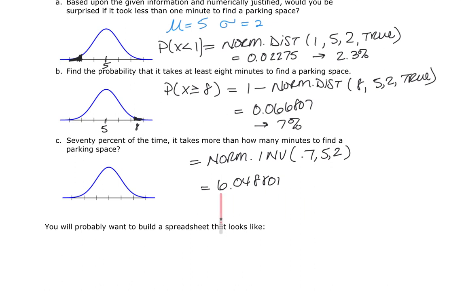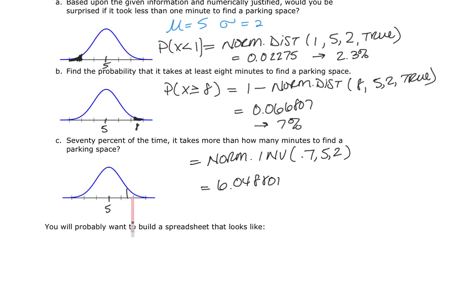When I'm doing the norm.inv, it's just going to tell me where this lies. My percent that I put in was 70%, which is, if this is 50%, where my mean is, my 70% is here. And that doesn't make sense. I didn't want to put in the 70%, because I want to know 70% of the time it takes more than.